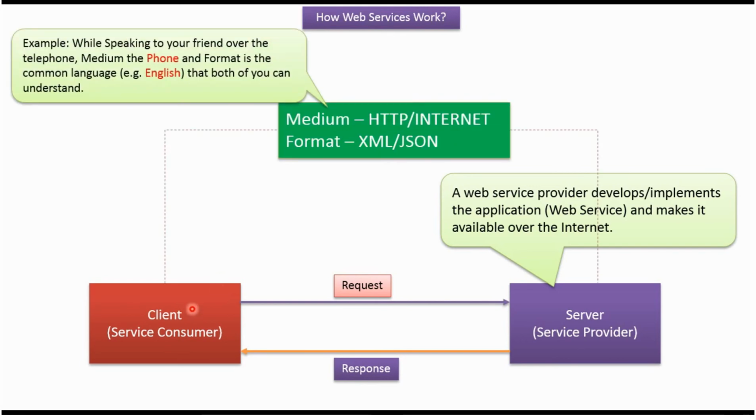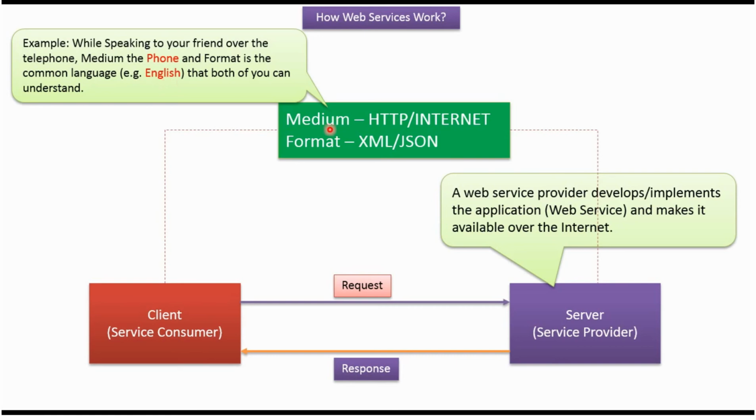To enable communication between client and server, we need two things. The first one is medium, and the second one is format. We can take a real-time example: while speaking to your friend over the telephone, the medium is the phone, and the format is a common language, which is English, so that both of you can understand.